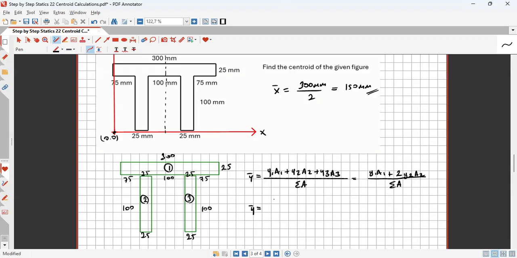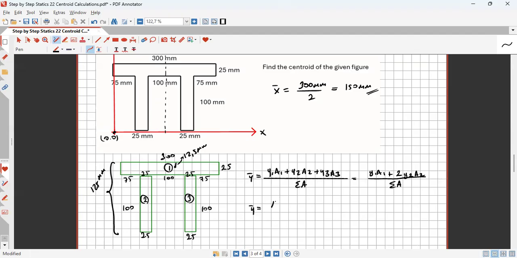As a result, y1. Okay, here is our length, 125 millimeter. y1 is equal to 12.5 millimeter here.